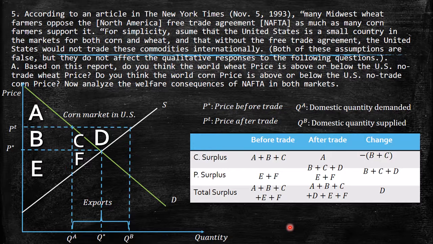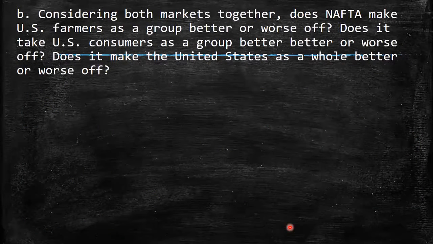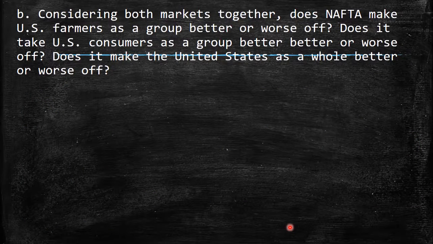So here B, considering both markets together, does NAFTA make US farmers as a group better or worse off? Does it make US consumers as a group better or worse off? Does it make the United States as a whole better or worse off?